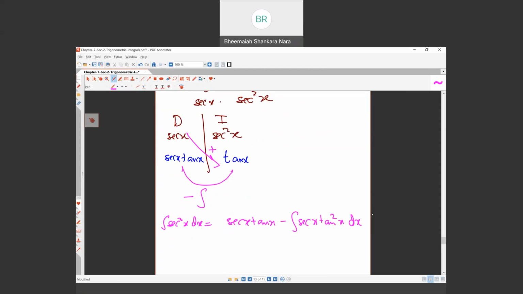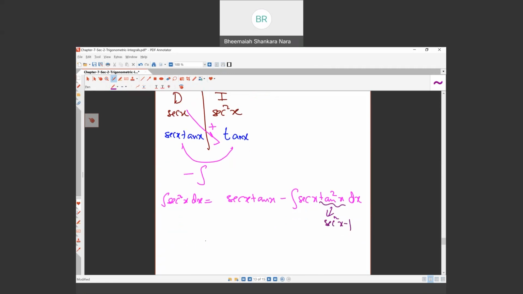Now for this tangent square x here, I'm going to use the identity secant square x minus 1. Now I will rewrite this: secant x tan x, negative integral secant x times secant square x minus 1 dx.